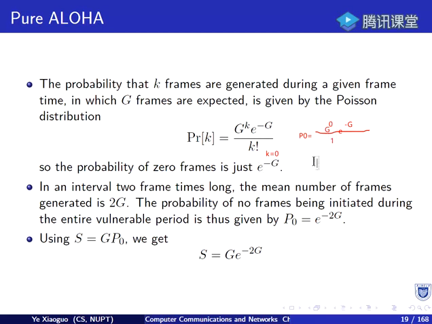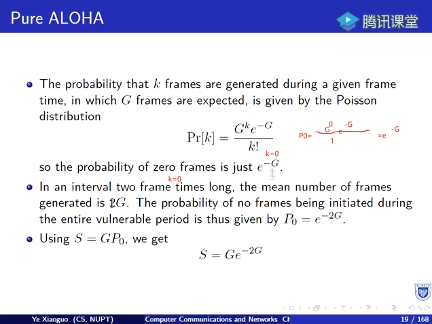So we get E to the power of minus G. So the probability of 0 frames here, K equals 0, is E minus G. In the interval two frame times long, the mean number of frames generated is 2G.